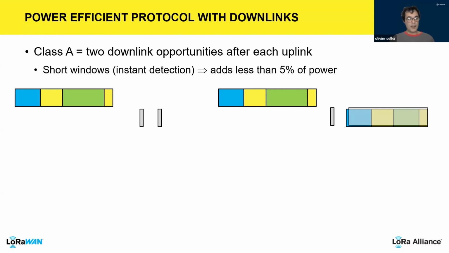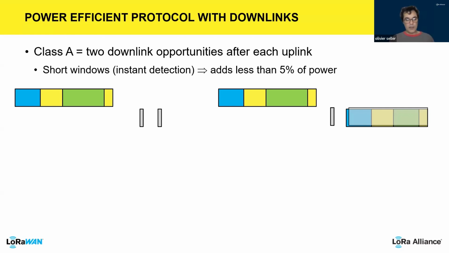So now downlinks. How do we make downlinks available and keep the protocol power efficient? So the trick is that for each uplink, the end device will open downlink opportunities, so 2 downlink opportunities in the case of LoRaWAN are open after each uplink. These opportunities are very short. They are much shorter than the uplink packet, and also the average power consumption in reception mode is typically 5 times lower, and up to 50.